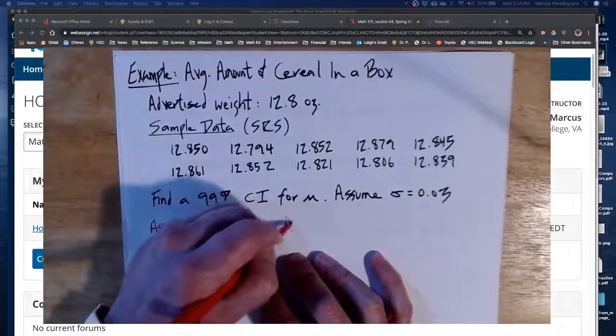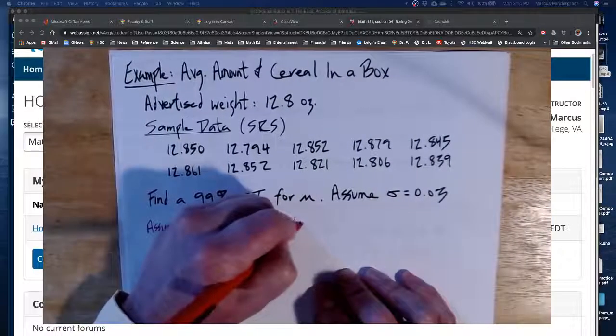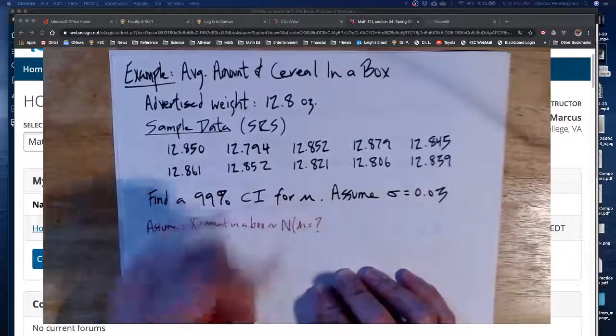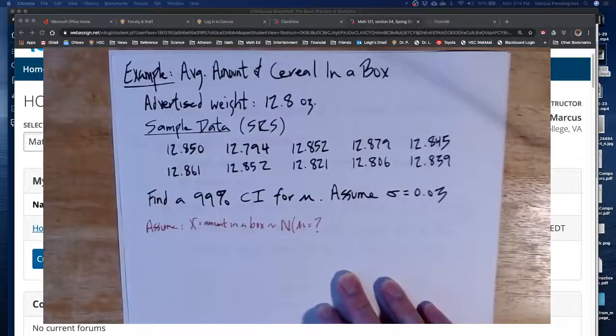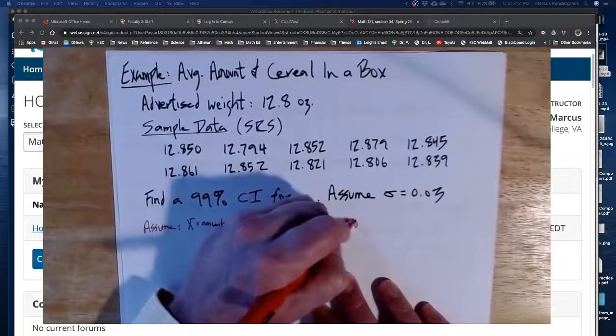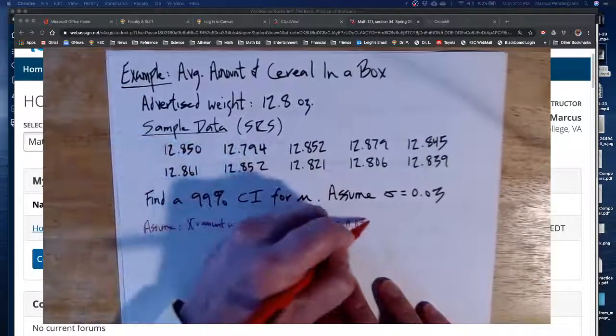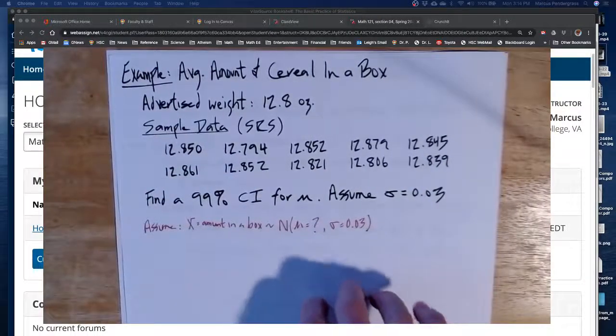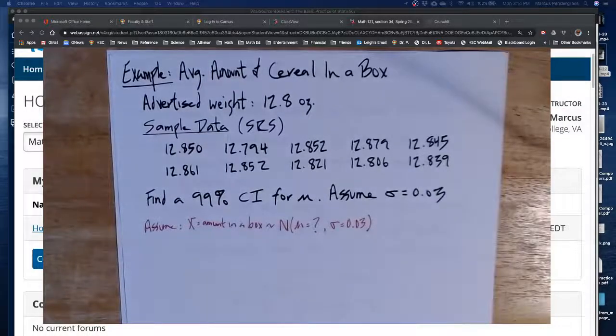It has a normal distribution. Of course, its mean is unknown. That's precisely what we're trying to estimate. But its standard deviation is 0.03.